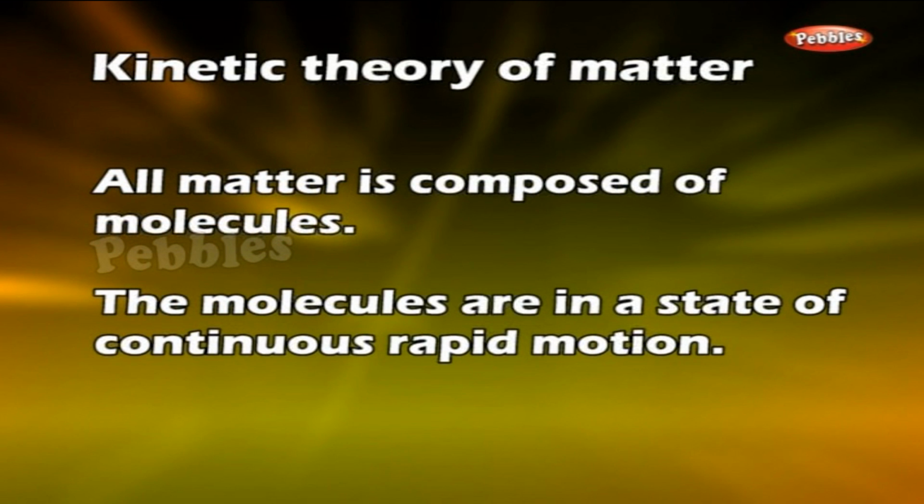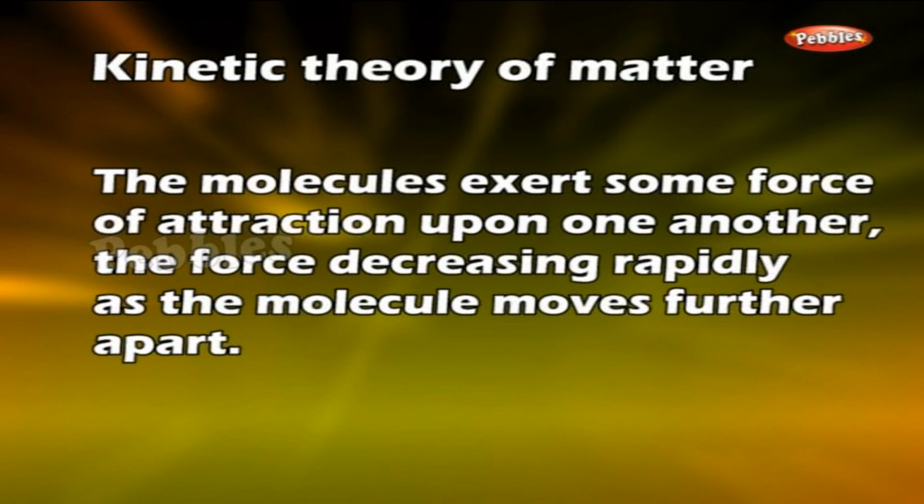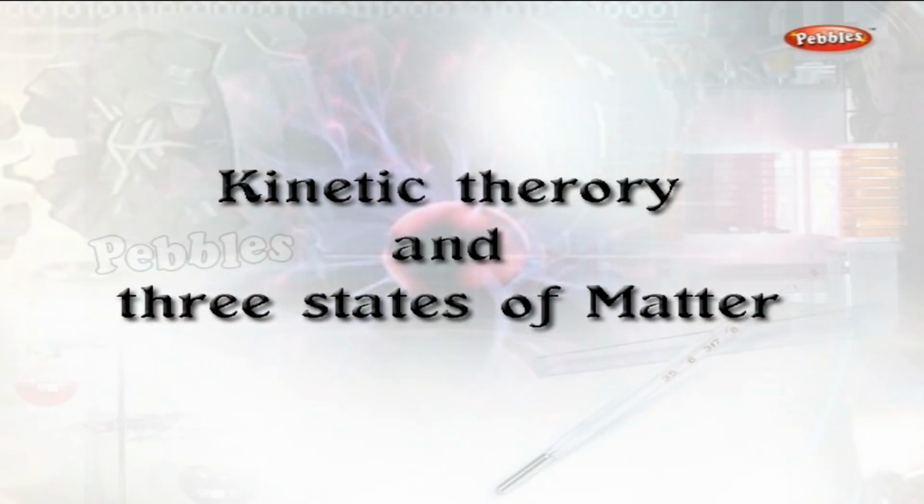All matter is composed of molecules. The molecules are in a state of continuous rapid motion. The molecules exert some force of attraction upon one another, the force decreasing rapidly as the molecules move further apart.